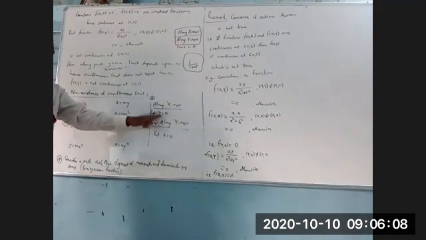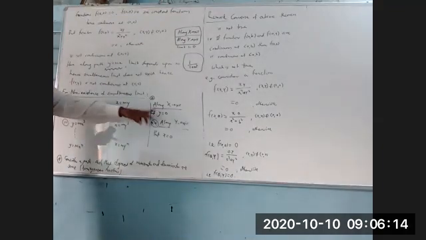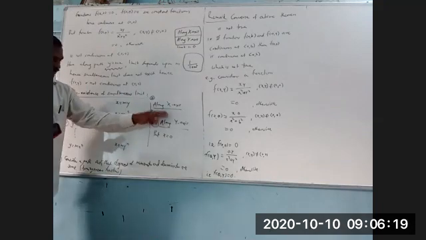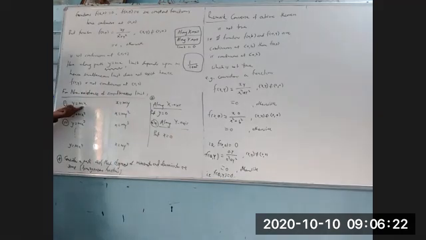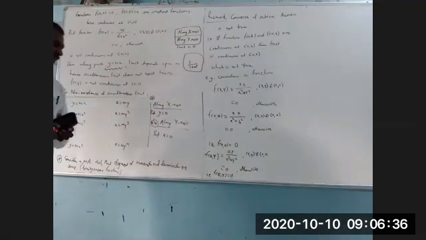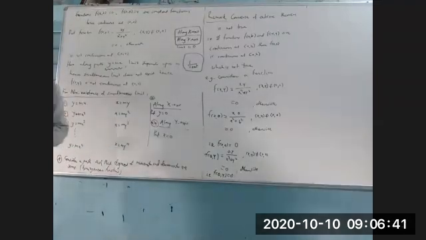But if the limit along these two paths is the same and the limit along this path is different from the limit along these two paths, then you can directly conclude that the limit does not exist. Similarly, as long as the limits are the same, don't conclude that the simultaneous limit exists. But if somewhere we get a different limit, then you can directly conclude that the simultaneous limit does not exist.